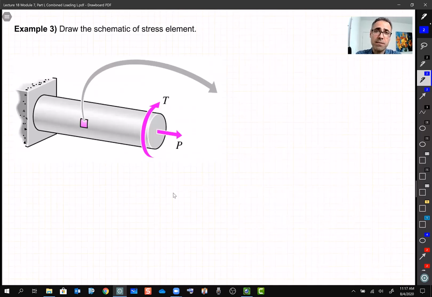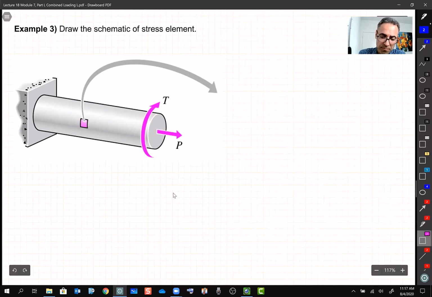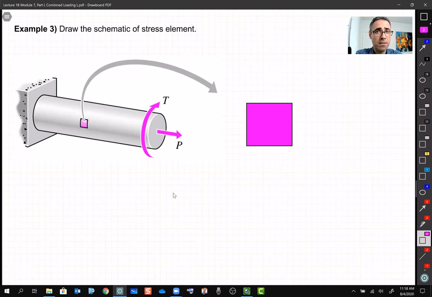Now we have a scenario where we have a shaft under torsion and under tension. I'll let you guys think about it and draw the stress element for me. While you're doing that, I'll try to draw things for you. So again, we are outside.